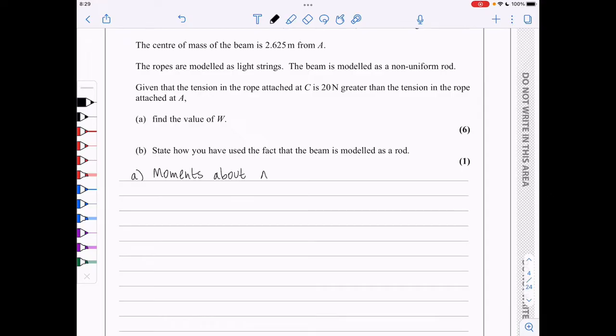So if we think about it, the clockwise moment is 2.625 times W, and the anti-clockwise moment is 4.5 times (T plus 20). If I expand this, I get 2.625W is 4.5T plus 90.